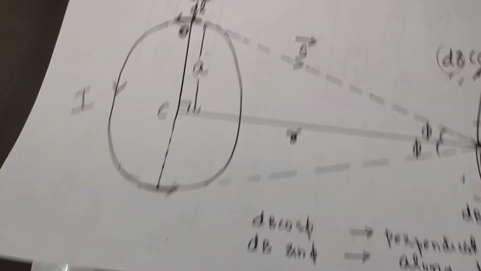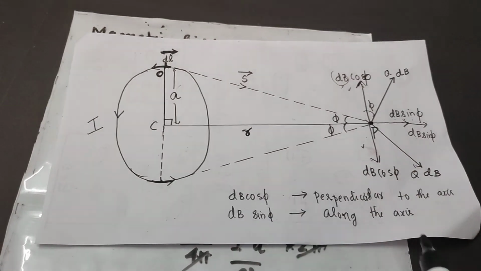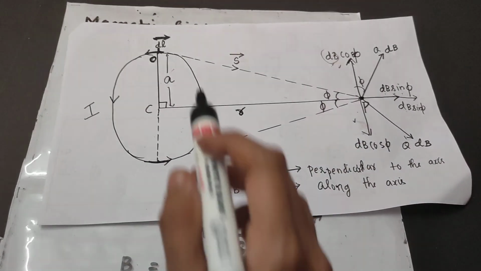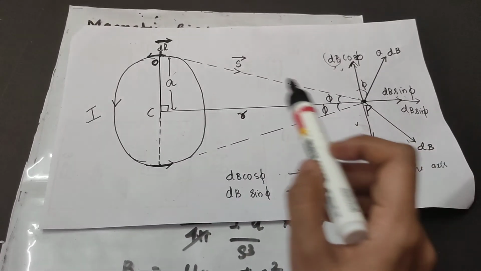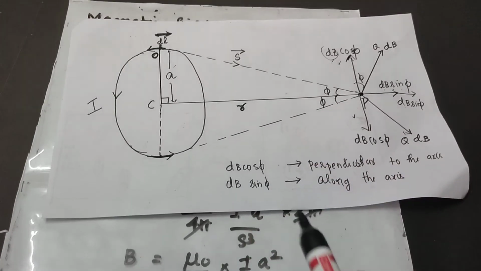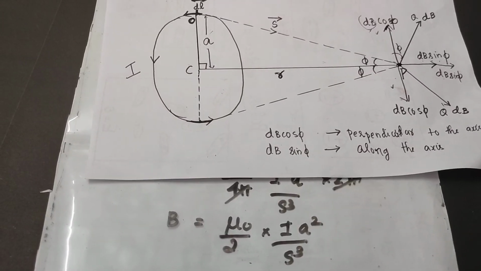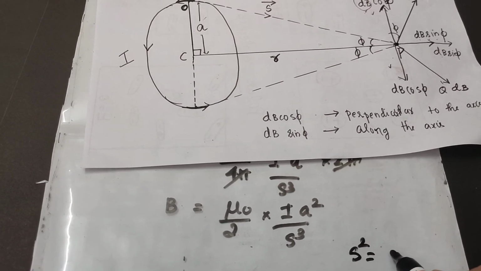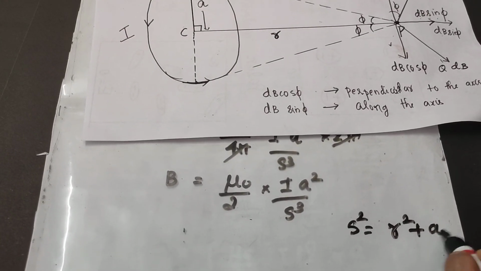Again, consider this figure. What is s² from this figure? If you consider this right angle triangle OCP, you can write s² = R² + a².